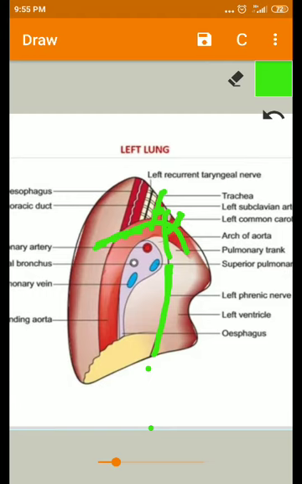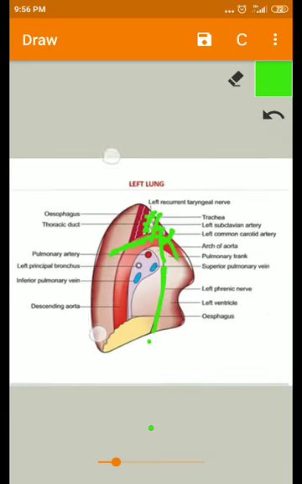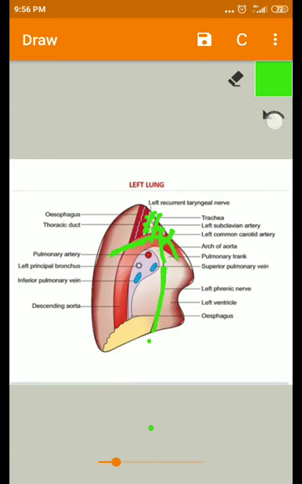Also by the side of the trachea it has the left recurrent laryngeal nerve, then the trachea, and behind this trachea you'll have the esophagus. Over this esophagus a duct is present, called the thoracic duct. So these are the structures related to the mediastinal surface of the left lung.